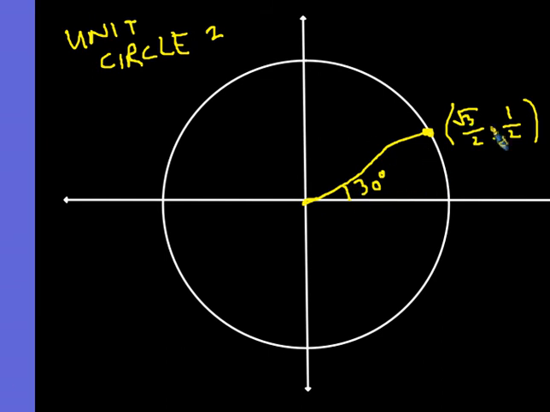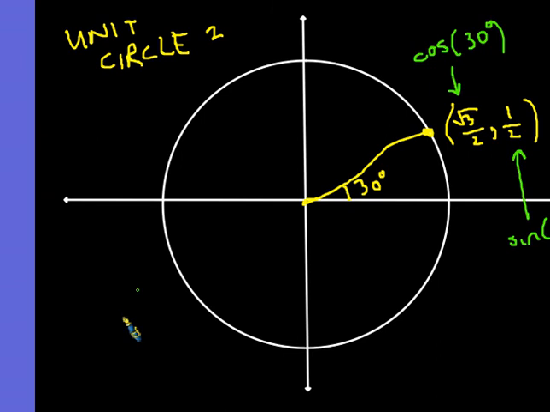And then what we said is this guy right here is going to be the cosine of 30 degrees, and this guy right here was going to be the sine of 30 degrees. And that's pretty cool that we can do that. Now that we've done that together and we proved one, we're going to generalize.